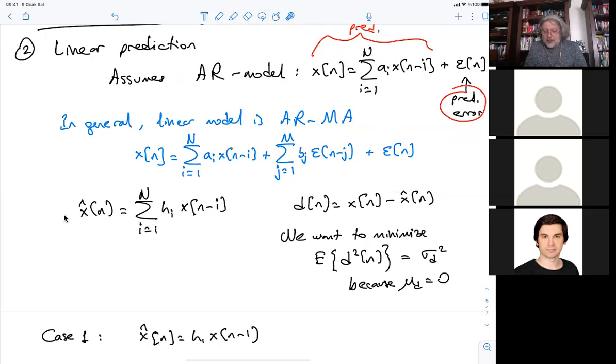And since we don't find the exact value of x of n, we cannot use it for the evaluation of x of n plus 1 in the next iteration step, and the errors will grow, accumulate, and maybe diverge. So we have to incorporate the quantization into the prediction system, which is also known as differential pulse code modulation, DPCM.